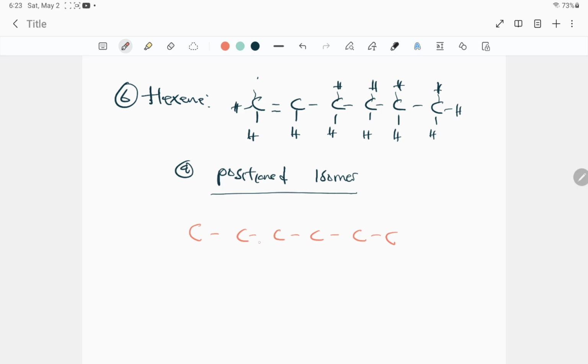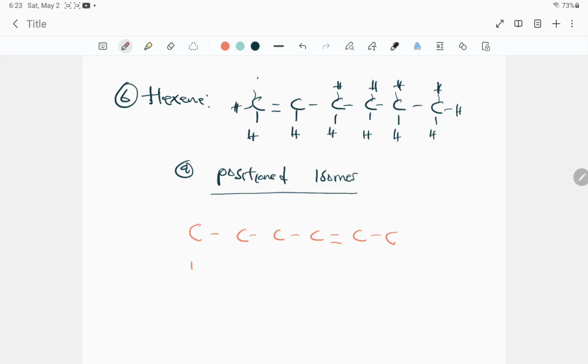So I'll just shift it here. Or let me shift it somewhere. Let me put it 1, 2, 3. Okay, let me put it here. So once I shift this double bond, it means that I have done my positional isomer.